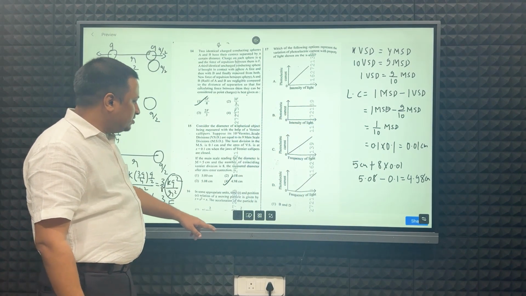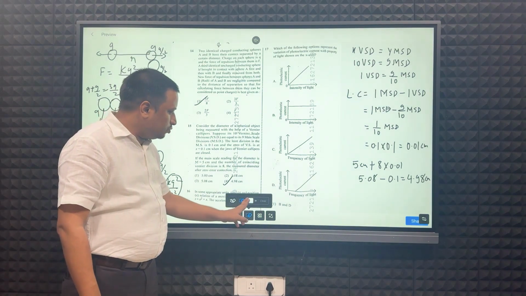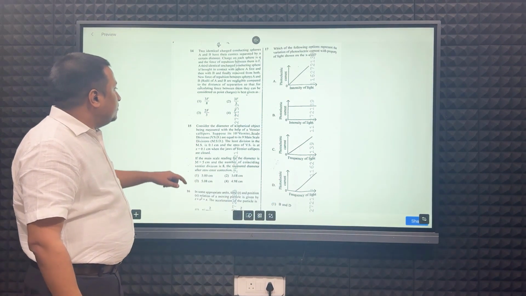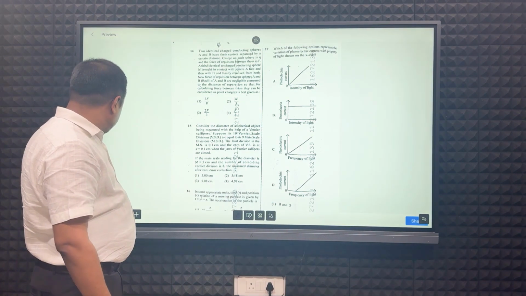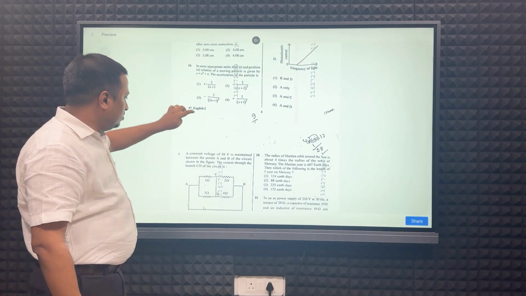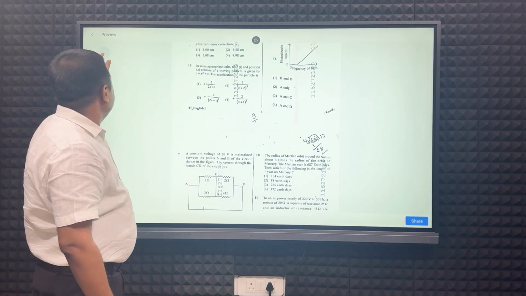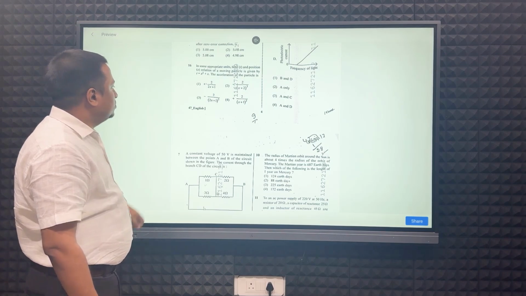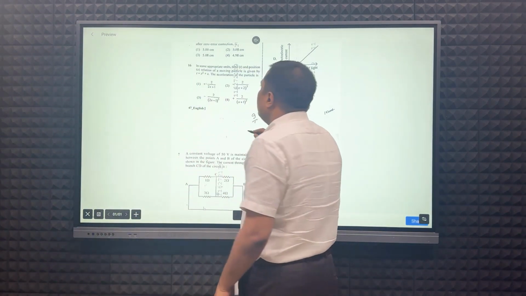Let us do question number 16. What is this question number 16? A very simple one, a mathematical question. Let us do this. Question number 16.